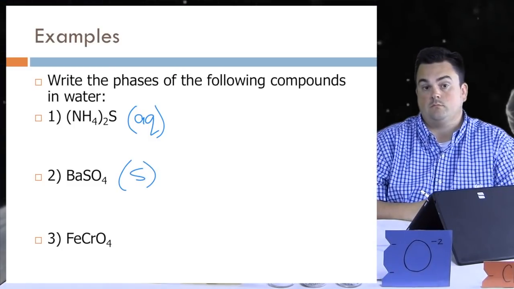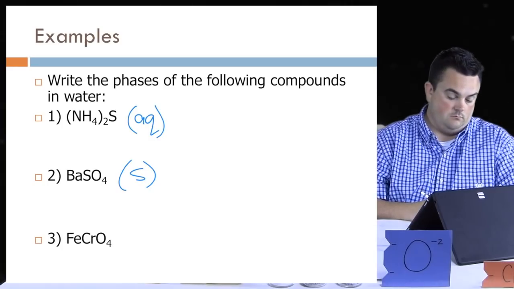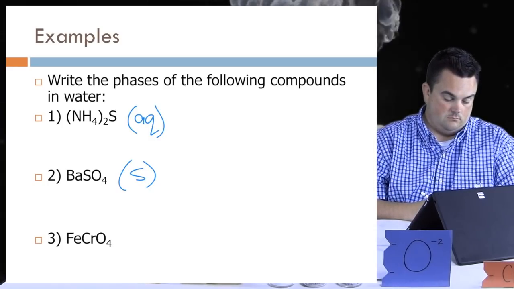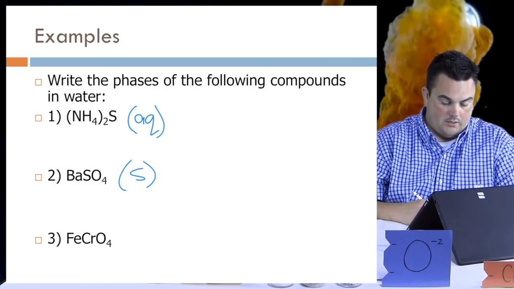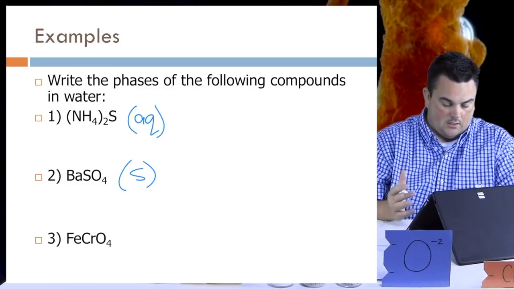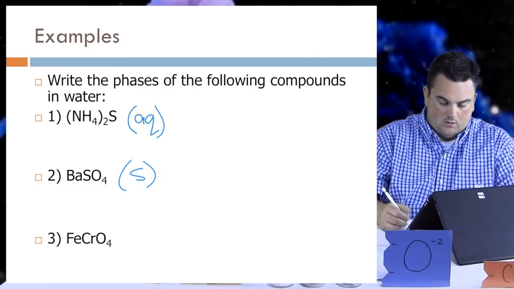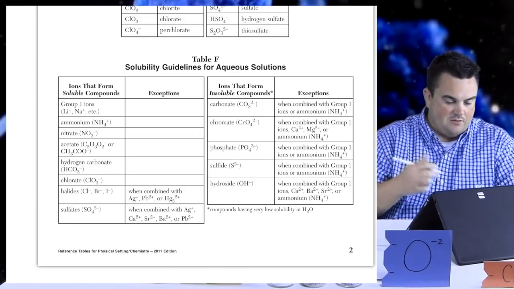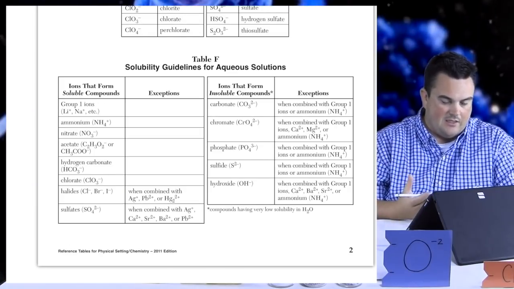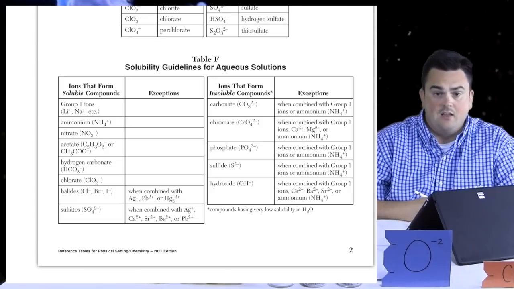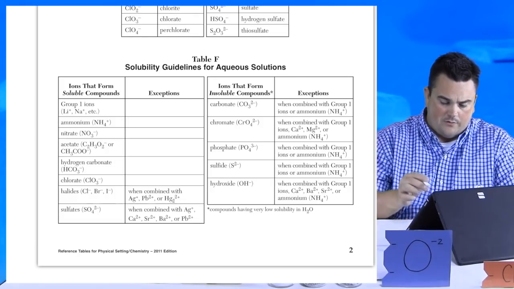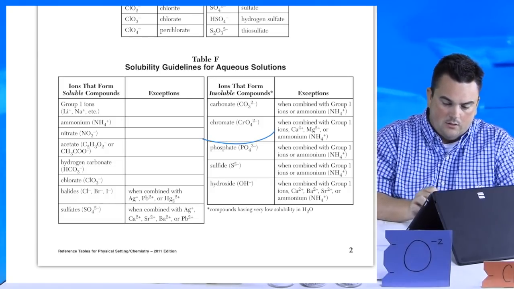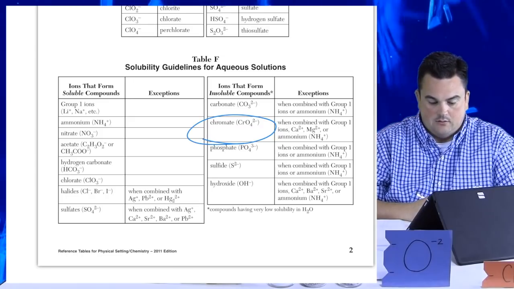And our last example, number 3, is FeCrO4. I'm gonna let you take care of this question on your own. All right, so I've got 2 ions, Fe and CrO4. Not a lot of positive ions on this side here, so again, Fe is not there. CrO4 though, that one is here. That's over on the insoluble side.